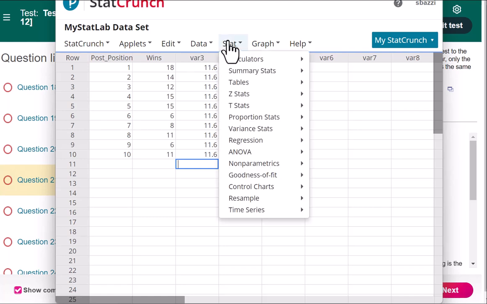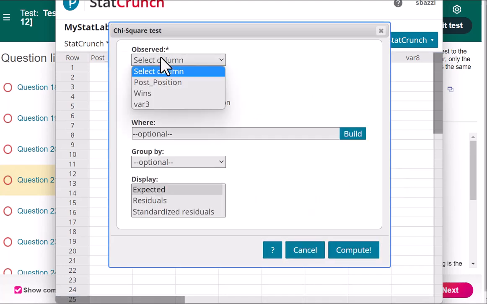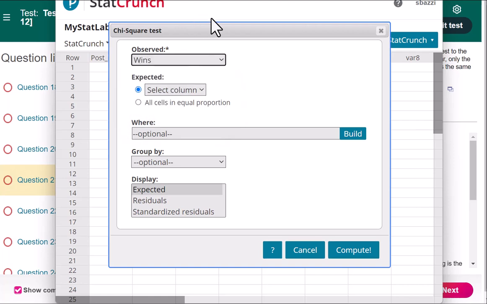That's it. Now I go to stat, goodness of fit test, chi-square test, observed in wins, expected we did put in a new variable called var3, and that's it, compute.